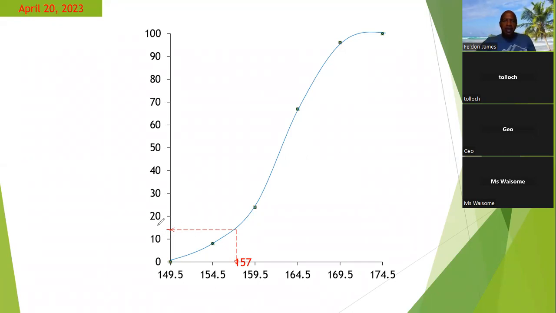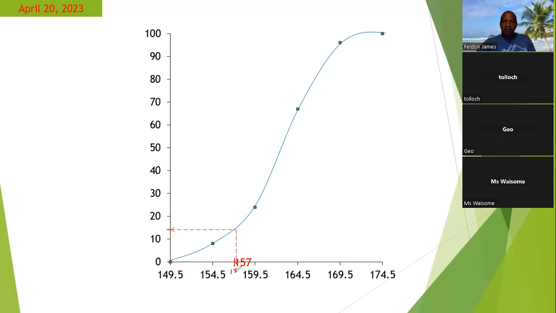We want how many men have a height less than 157. So the height is less than 157. A height less than 157. So for instance, 156. So 156 would be somewhere here. Right? So if you have 156 here, now we can use 156 to give us a rough estimate on the graph.